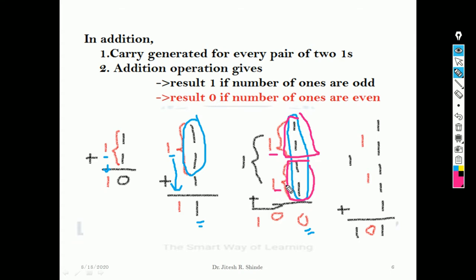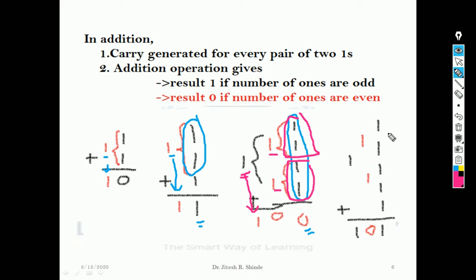Now adding these two carries: how many carries are generated? Two, so the number of ones is even, so the result here again is 0. After that, these two ones will generate 1 carry, and this carry is propagated here. Thus the final result we are getting is 1 0 0.